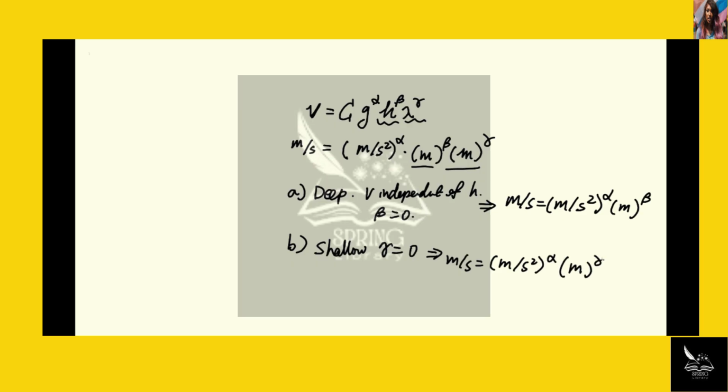Okay, and now we can finally start to do the actual dimensional analysis. If we expand the right hand side, this is meter to the alpha plus beta divided by second to the 2 alpha. And the left hand side and right hand side have to match.